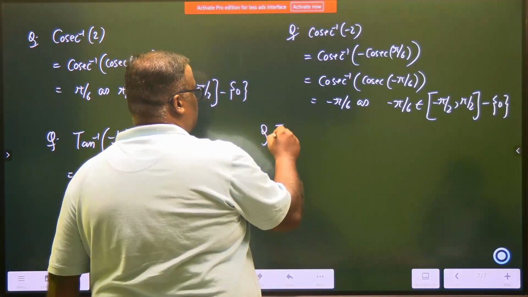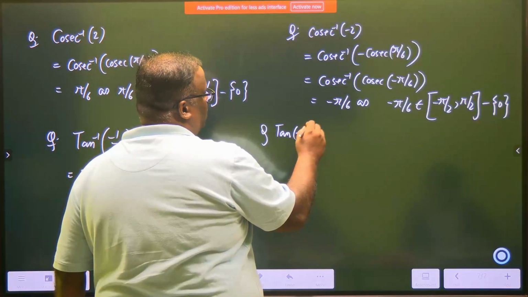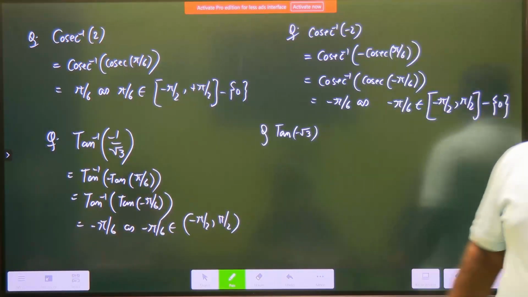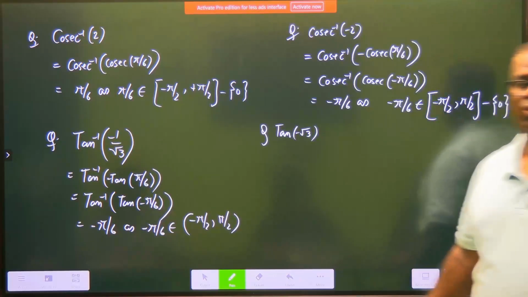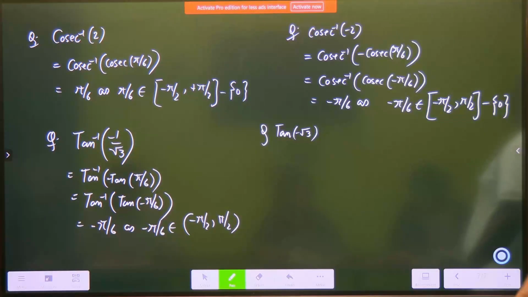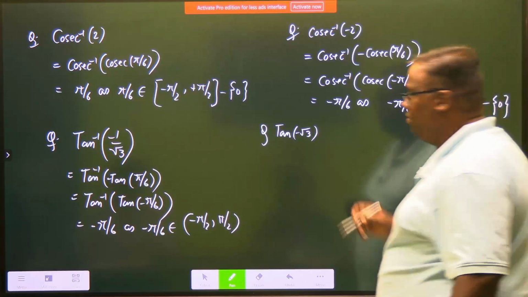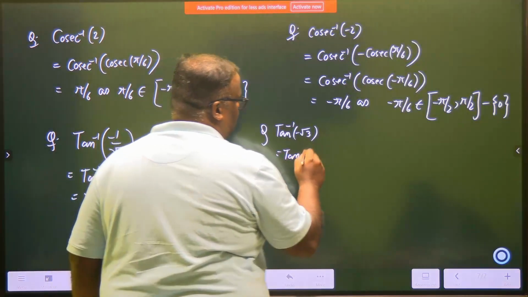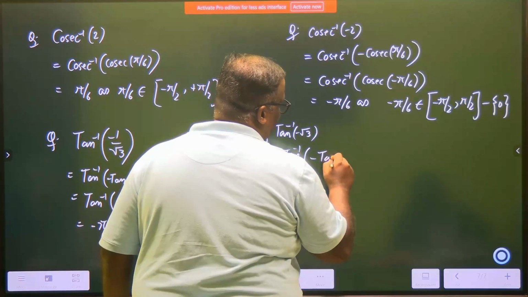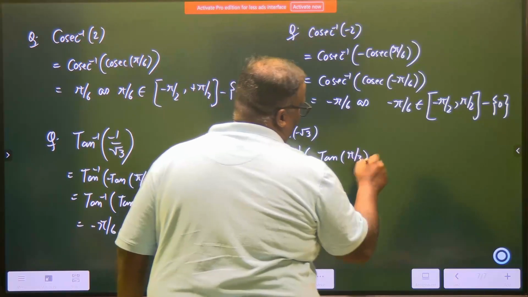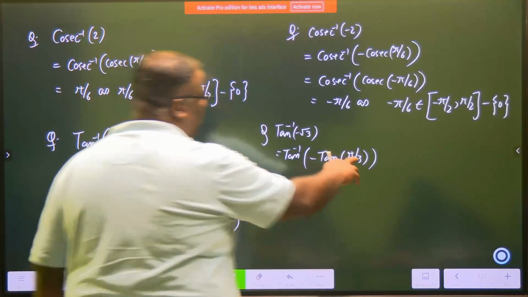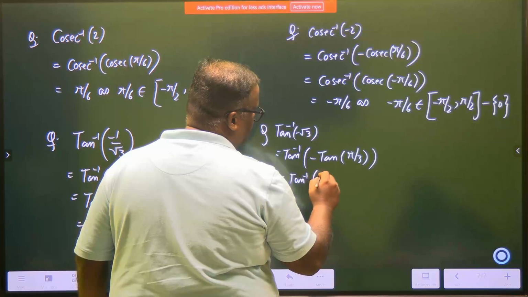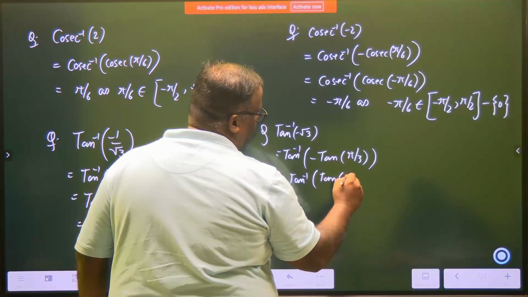Okay, children, you solve. Tan inverse of negative root 3. Tan 60 is root 3, pi by 3. So, everything is inverse, principal values. So this becomes tan inverse negative tan pi by 3. 60 means pi by 3. Lesser denominator, greater value. So this becomes tan inverse of tan of negative pi by 3.